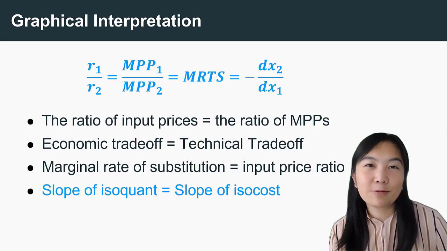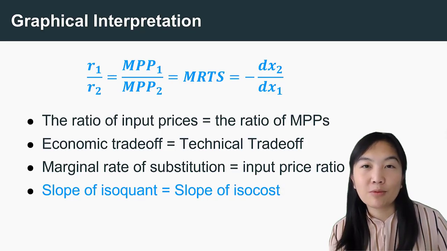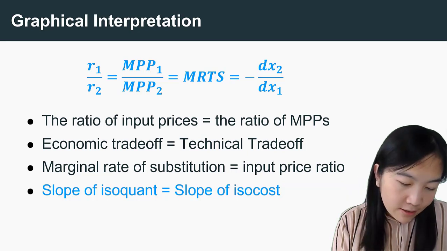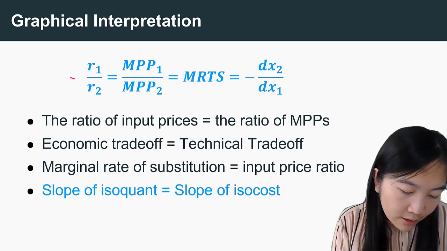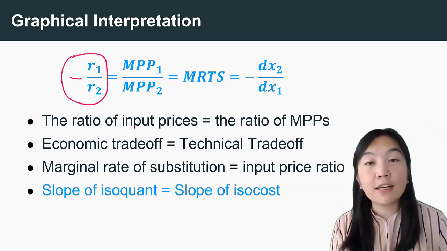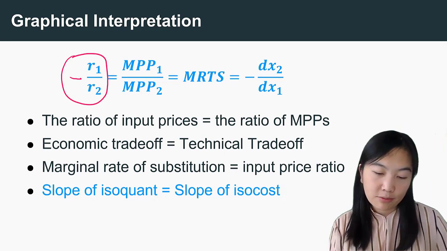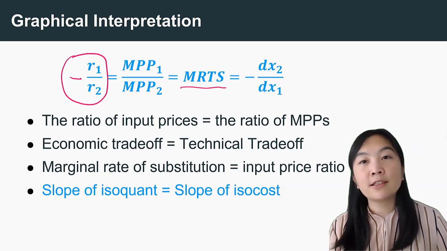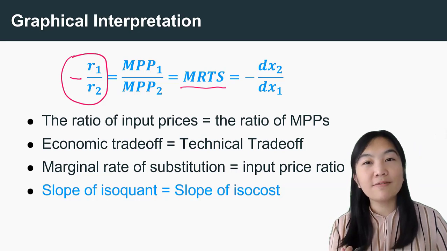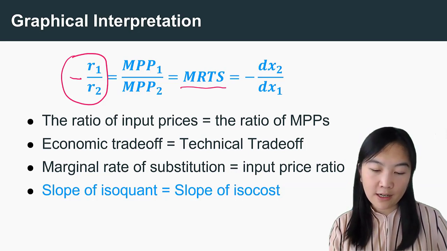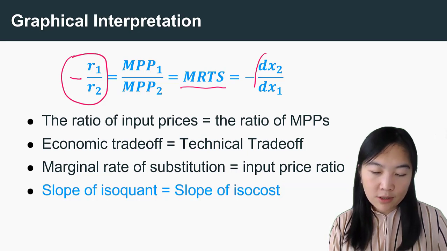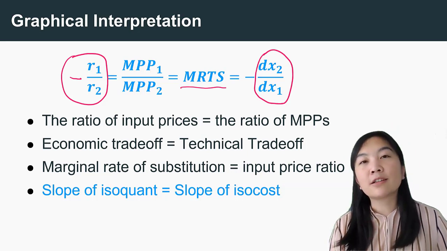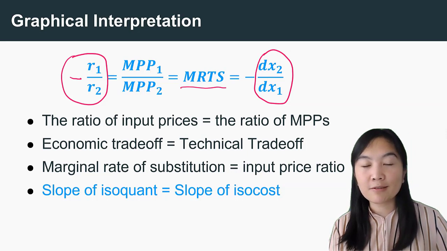Now we understand what isocosts are and what the slope of the isocost curves is, which is the negative of the input price ratio. And we also know from the definition of the marginal rate of technical substitution, which is defined as the negative slope of the isoquant curve, that the slope of the isoquant curve is dx2 over dx1.